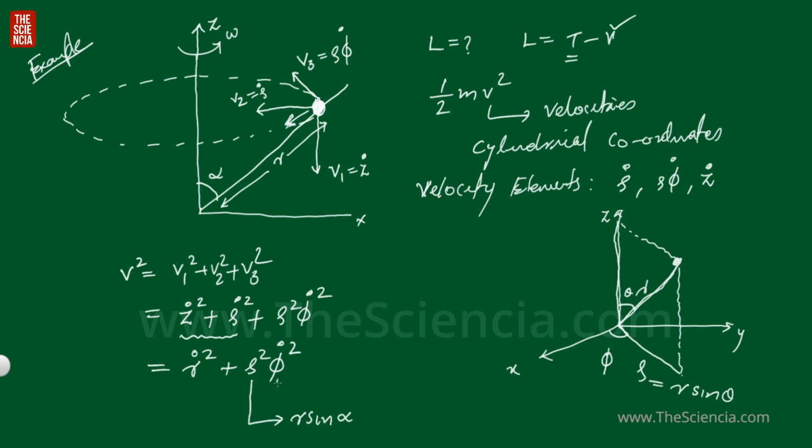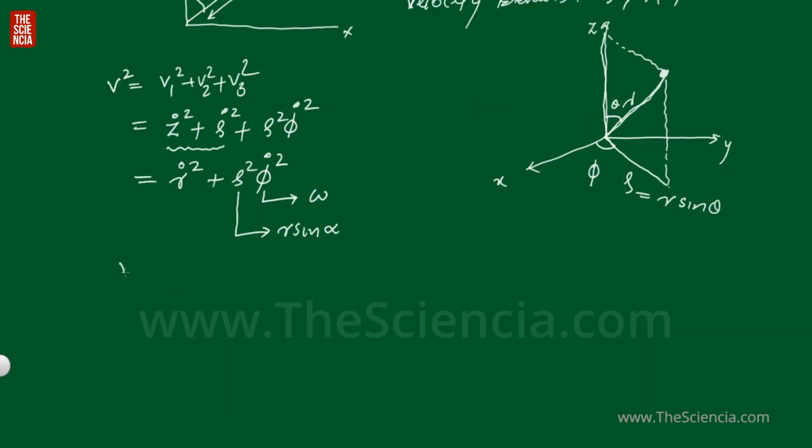And what is theta dot? Theta dot is the velocity in the theta coordinate. It is the rate of change of angle, so it is the angular velocity, and we represent angular velocity by omega. So we can rewrite this equation: v square equals r dot square plus r square sine square alpha omega square.